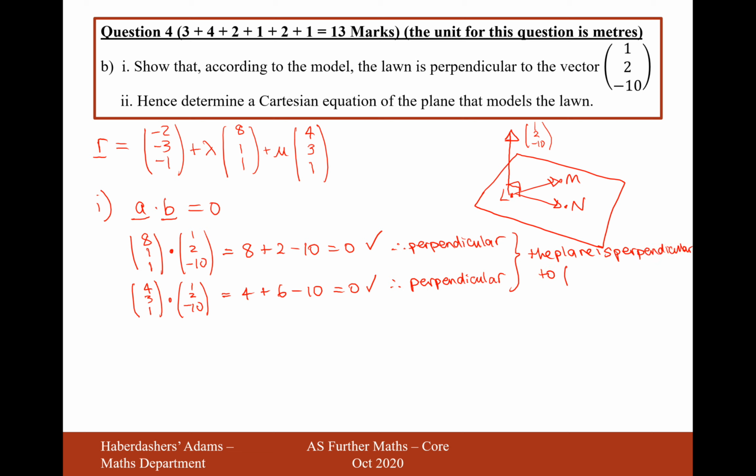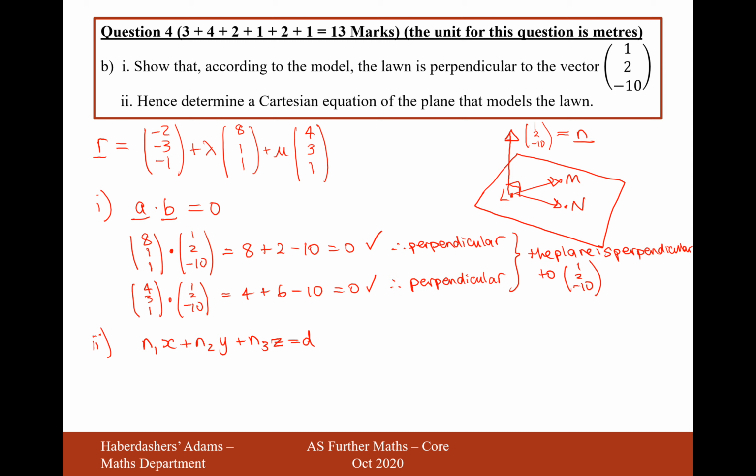And now thinking about what they're probably going to do in the next part of the question, this here is what we can refer to as our n vector, the normal vector. Moving on to part 2, hence determine a Cartesian equation of the plane that models the lawn. Now remember, a Cartesian equation is n1 x plus n2 y plus n3 z equals d.